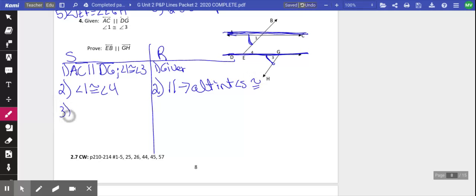So now that I know 1 is congruent to 4 and 1 is congruent to 3, pause and tell me the next step. And our next step is angle 3 is congruent to angle 4. And that's substitution.